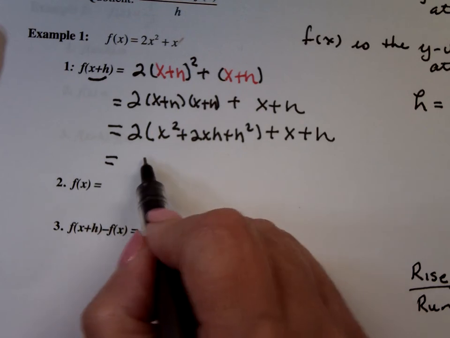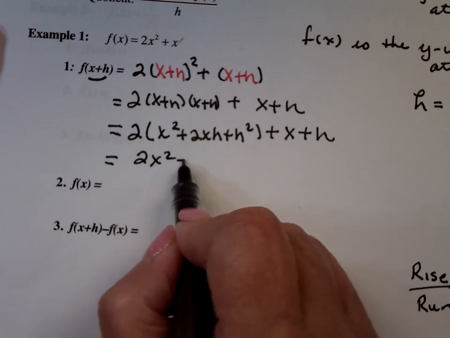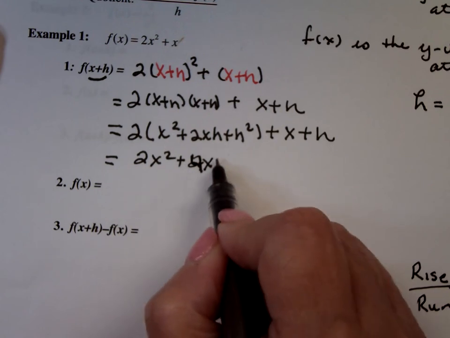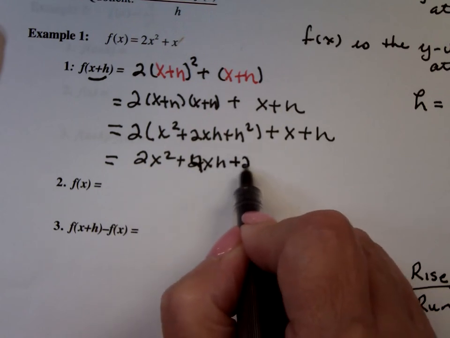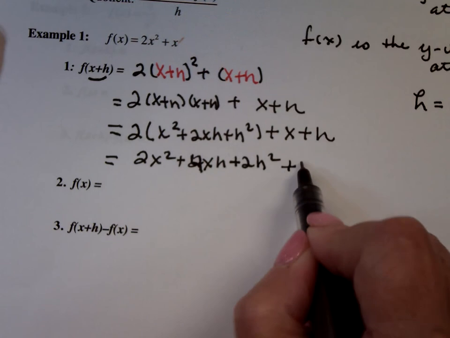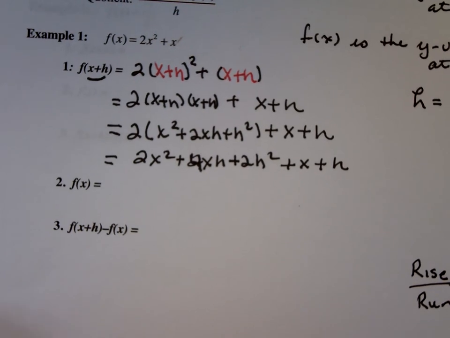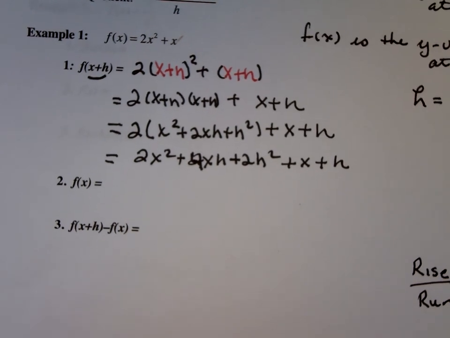Remove parentheses, I have 2x squared plus 4xh plus 2h squared plus x plus h. And I can't combine anybody. That's all she wrote.